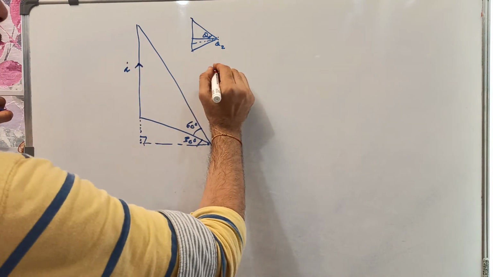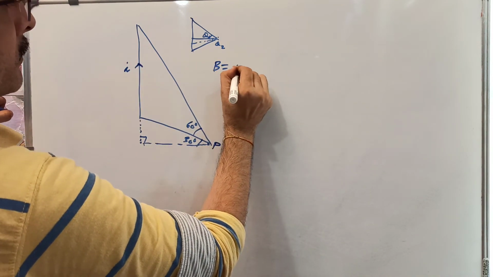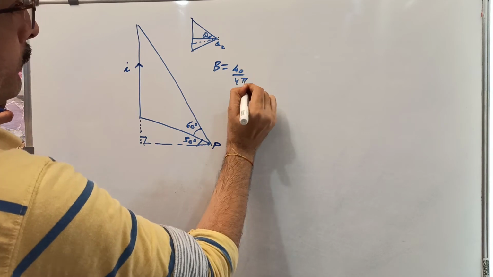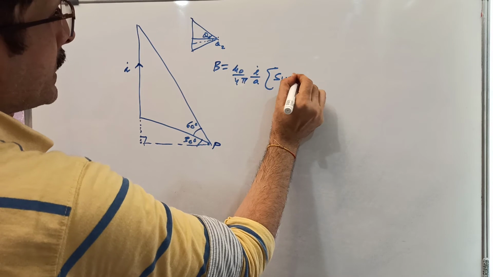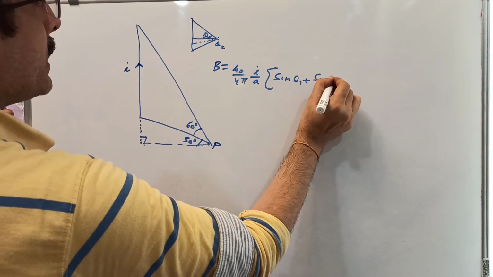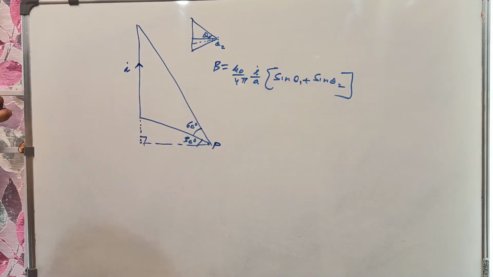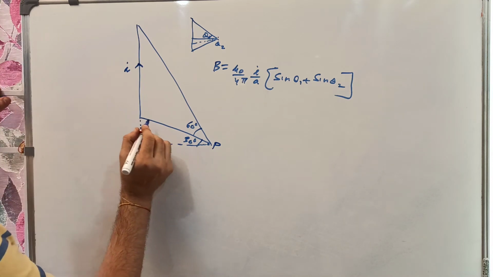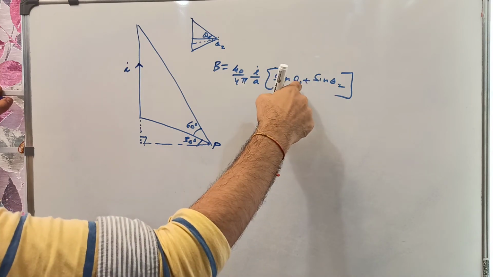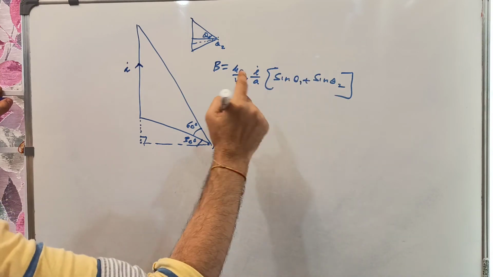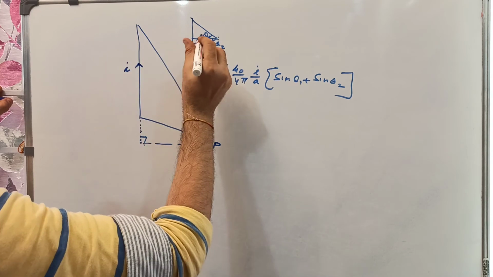In this case, you have to remember the formula is mu naught by 4 pi, I by a, into sine theta 1 plus sine theta 2.